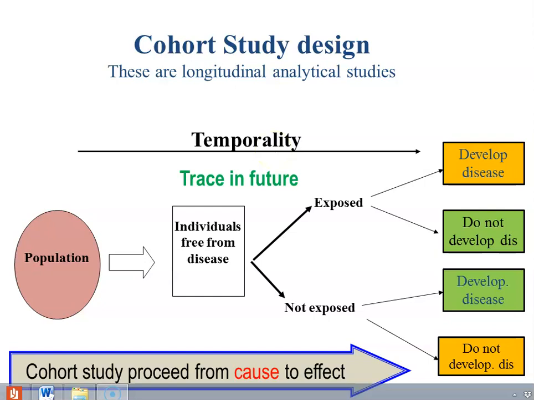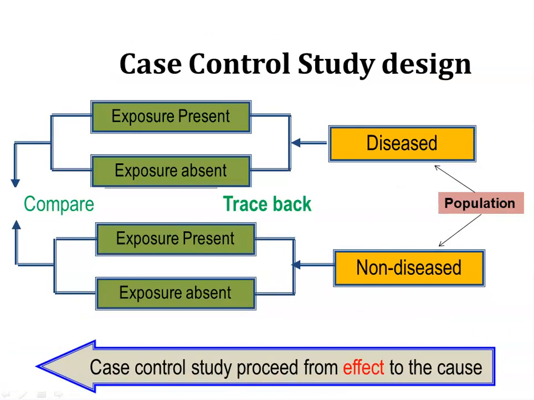However, this feature is not available in case control studies, where you simply ask the lung cancer patients, did you smoke or not smoke? And you ask healthy persons, did you smoke or not smoke?